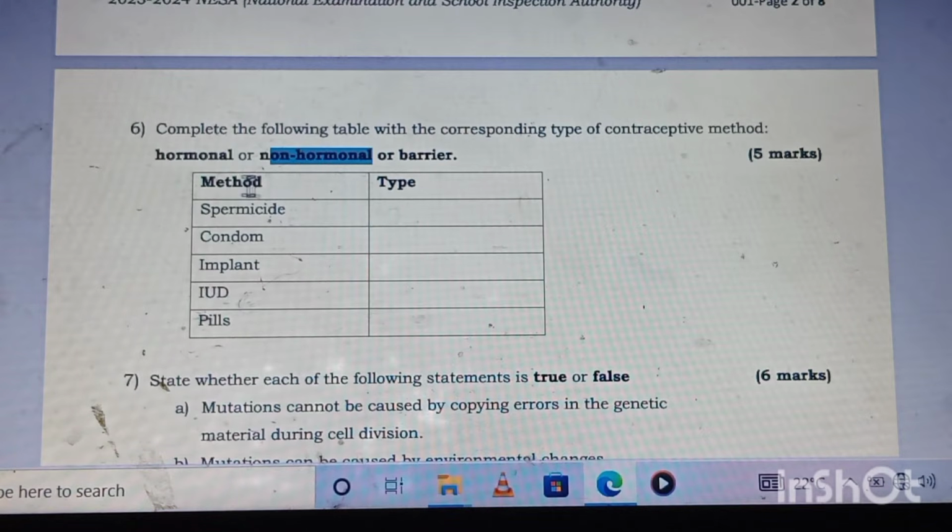It is non-hormonal. Pills are hormonal. When you say hormonal, it comes from hormones or chemical messengers. That is the way you can control family planning.